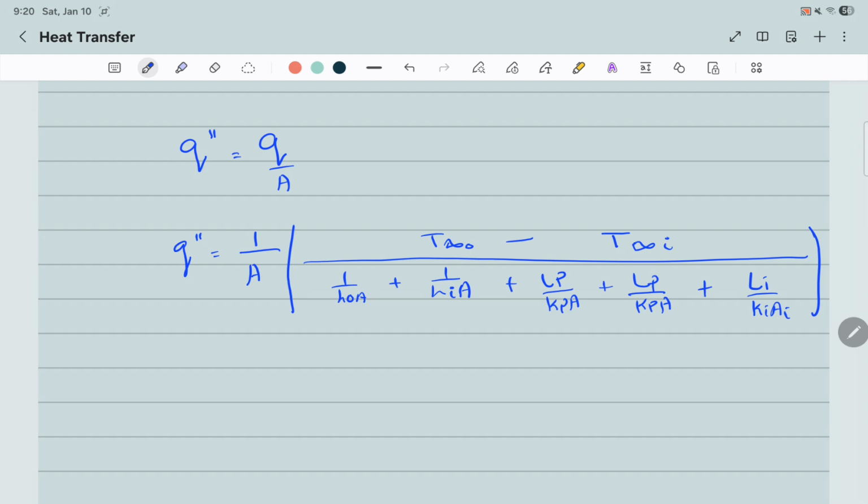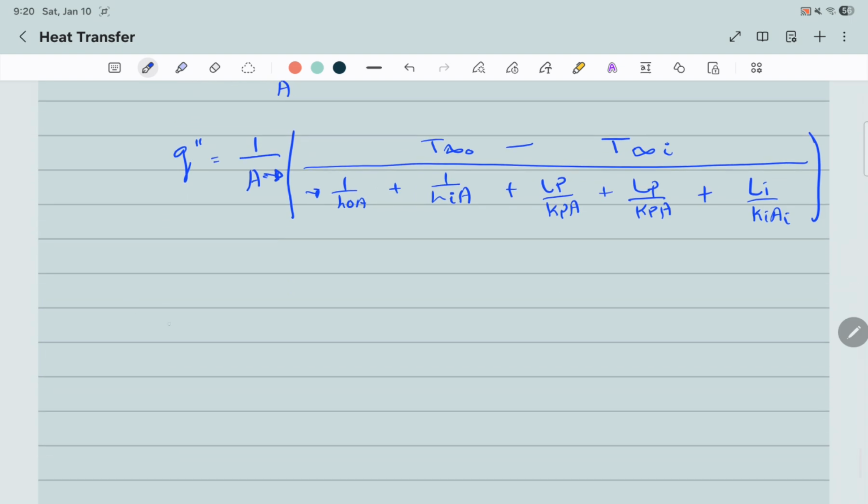Now we can multiply by the area inside here, and these areas will cancel.